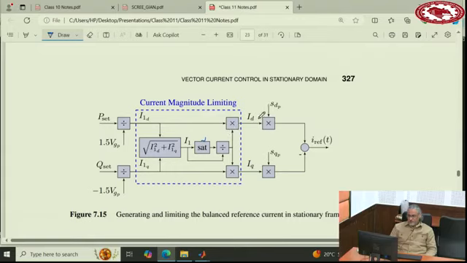So these currents here are now limited by the limit here. And then you multiply into SDP, and this SDP is a vector. Remember, it has two components, and SQP is also a vector. And then you do this subtraction, that gives you the reference. So this reference is sinusoidal in alpha beta, and it has the property that its magnitude never goes above the saturation limit that you put here.